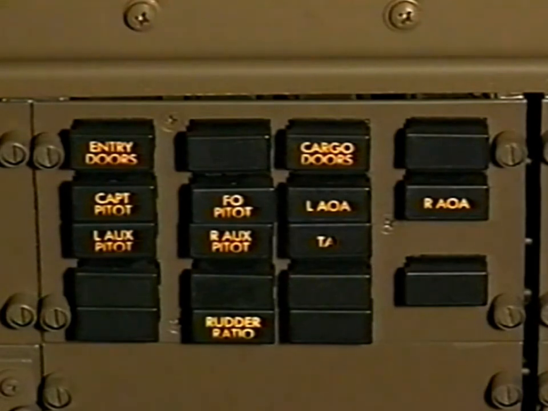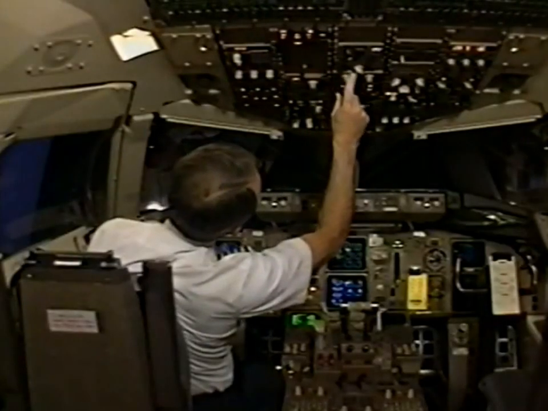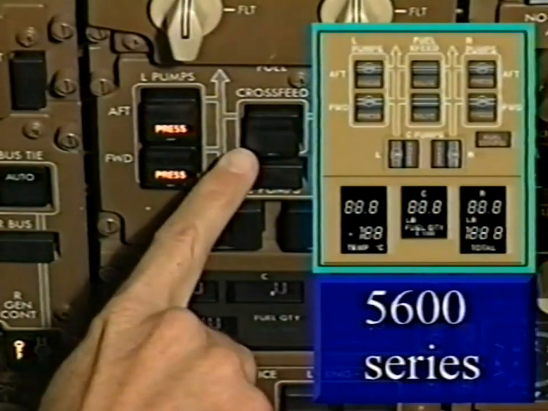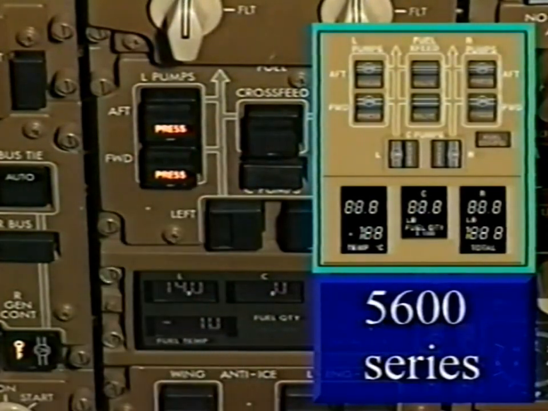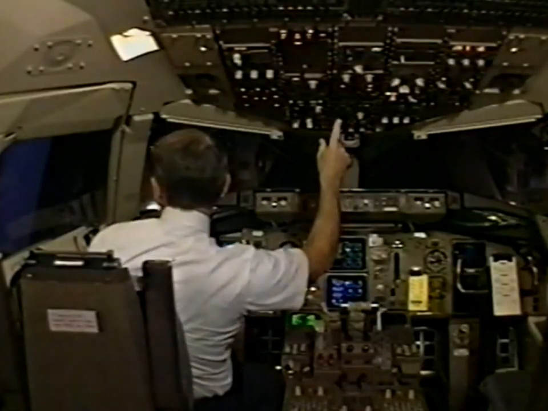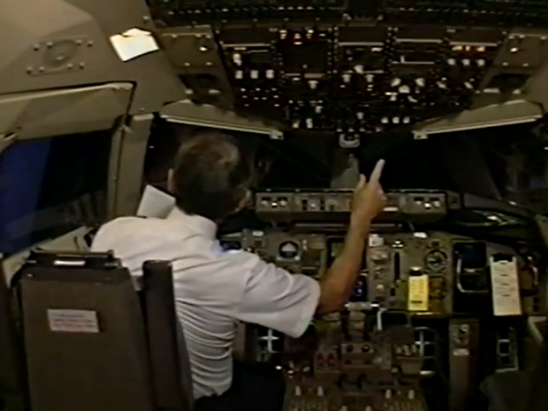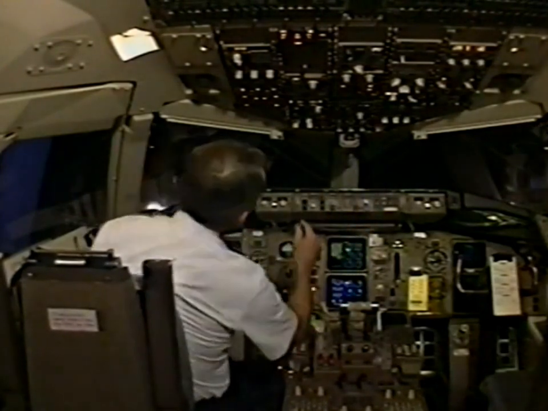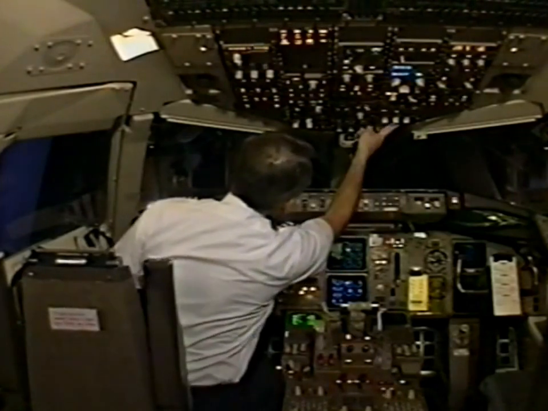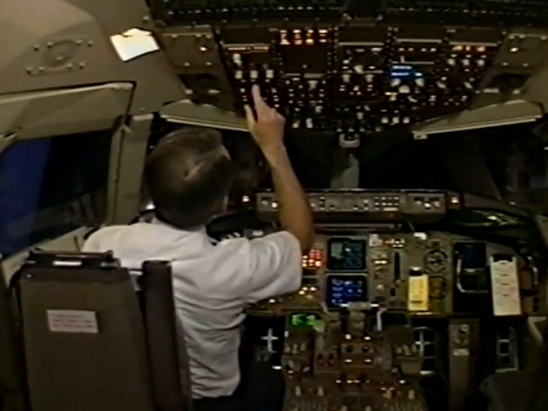Note the TAT light, which should be written up and replaced. The 5600 series aircraft have 2 fuel crossfeed valves. The indicator lights test is also a first flight of the day item.